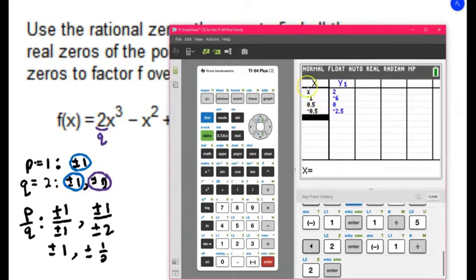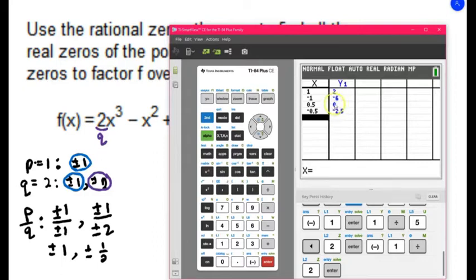So the remainder theorem says that if I substitute these values in here, I'm getting the remainder when I divide by the factor of x minus 1, x plus 1, x minus 1/2, x plus 1/2. If that remainder comes out to be 0, then we know we've identified a factor of the polynomial.